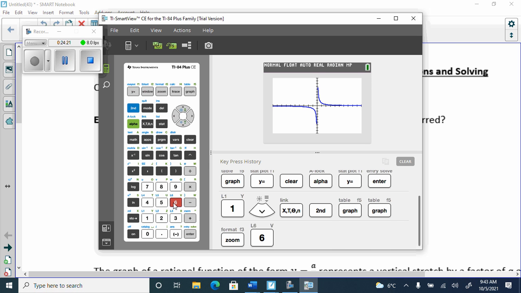Now, if you have the older calculators, the TI-83s, the first year that they were used in Saskatchewan was when I was in grade 11. You're welcome. In the olden times, the calculators thought that everything must be continuous graphs.